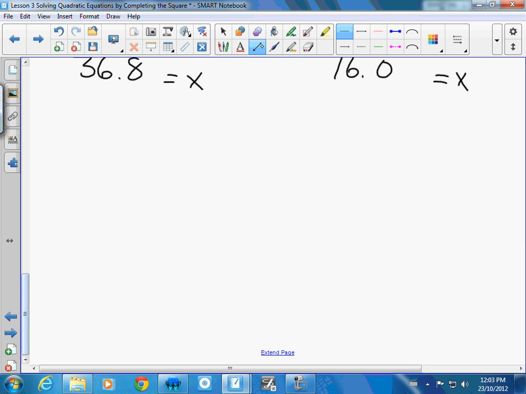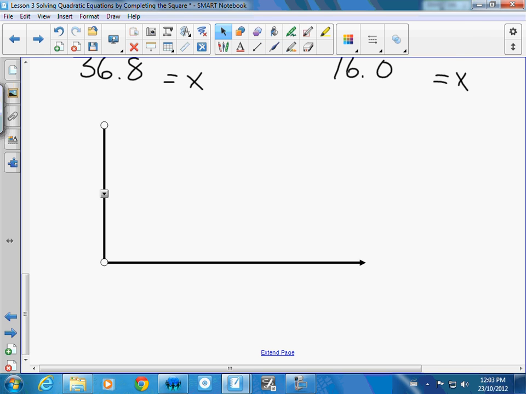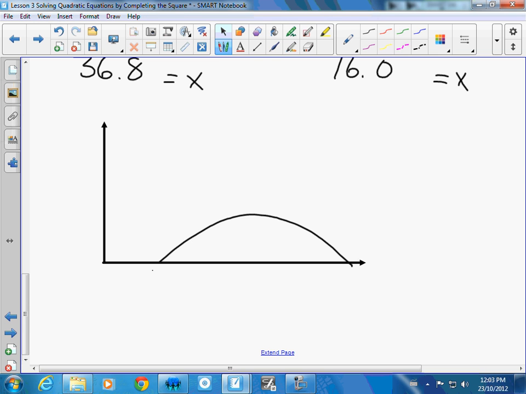So guys, just take a minute and look at what this looks like on a graph, right? I'm just going to draw a quick X and a Y here, just so you can see. There we go. Okay, so she's actually how far away from the goal before she kicks it? 16. It goes up, and then it comes down. So this point right here is 16.0. This point here is 36.8. Okay? So she's 16 meters away from the goal.